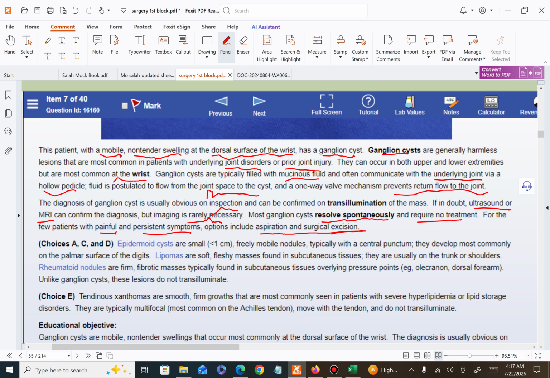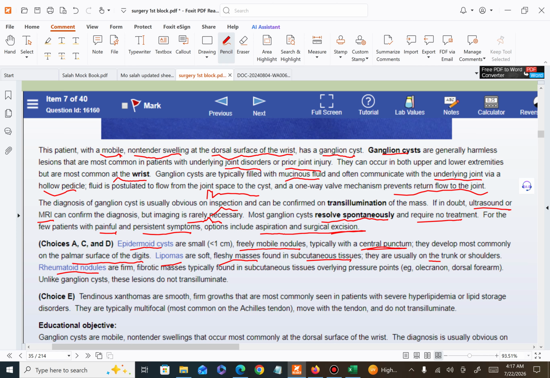Then the other options like epidermoid cyst, lipomas, and rheumatoid nodules are not right. Why? The epidermoid cysts are small, freely mobile nodules, typically with a central punctum. They develop most commonly on the palmar surfaces of the digits, while lipomas are soft, fleshy masses found in subcutaneous tissues.